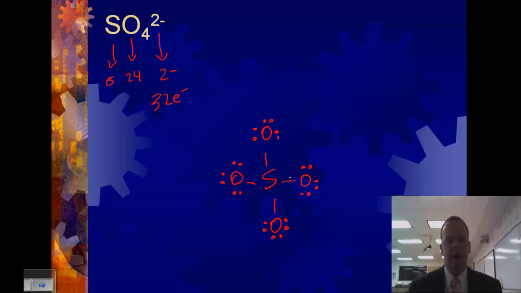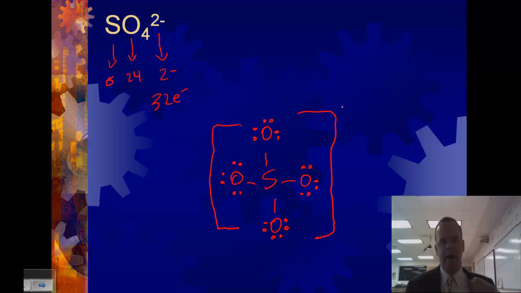This would give us a case where we have everything stable with only one bond to each. So it's an exception to that idea that sulfur and oxygen usually have 2 bonds, but it is stable. Anytime we have an ion, though, we must put it in brackets and put the ionic charge on the outside.